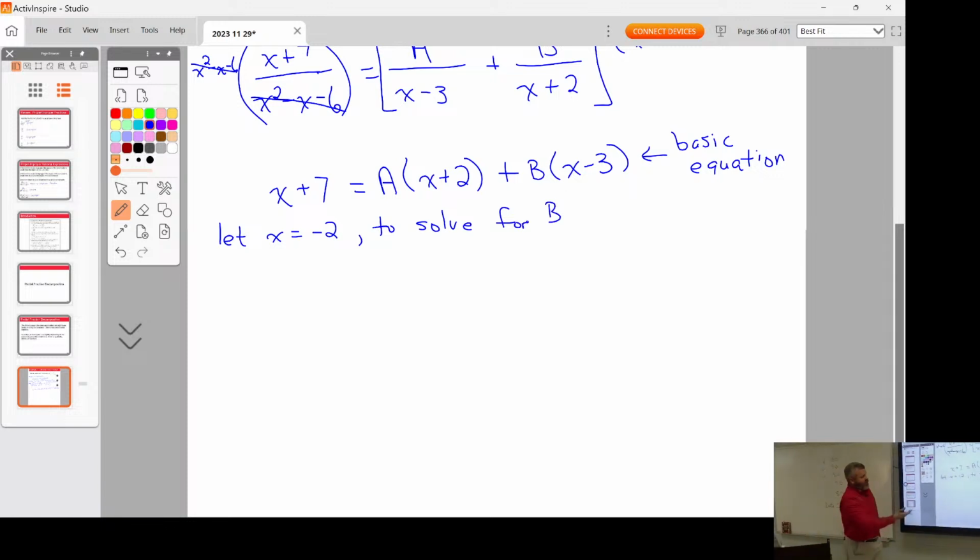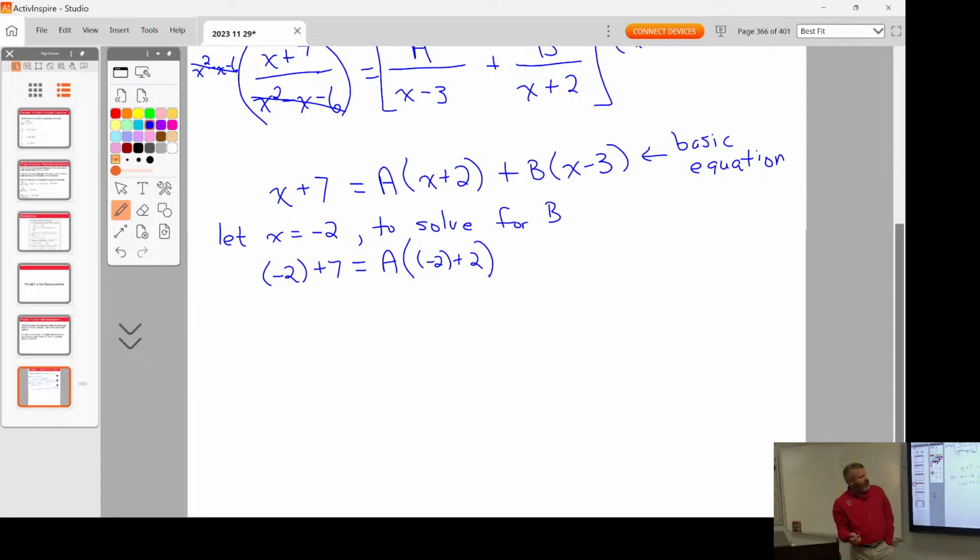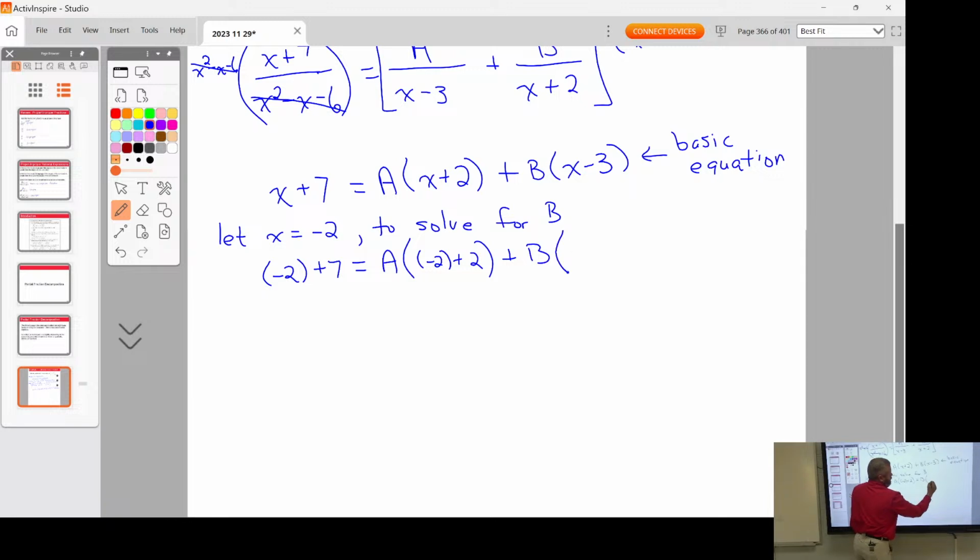All right? So I'm going to take that equation, and everywhere there's an x, I'm going to change it to a negative 2. So I get negative 2 plus 7 equals a times negative 2 plus 2. Yes, I'm doing extra writing, but I'm showing you what's happening here. Plus b times negative 2 minus 3.